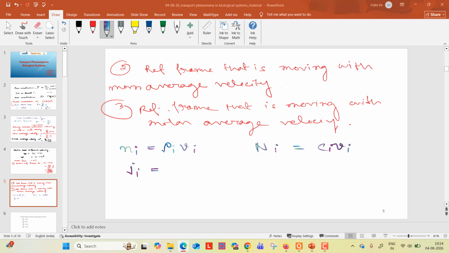You write it yourself, and then tell me what will be the molar one. So it will be rho i Vi minus V, right? You write it for the molar one and tell me what will be the molar flux when the reference frame is moving with respect to mass average velocity, right?